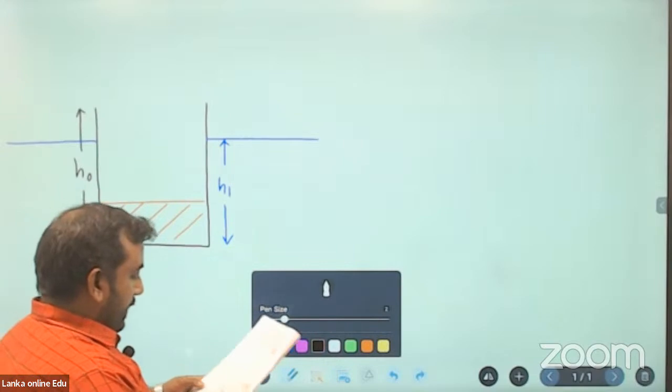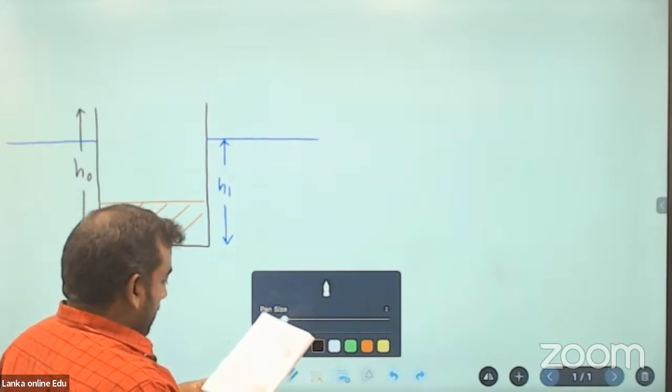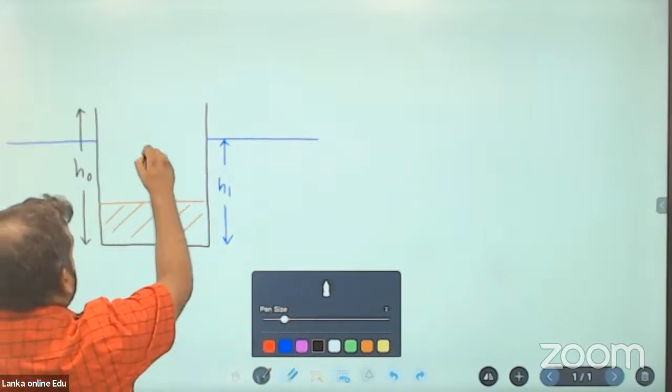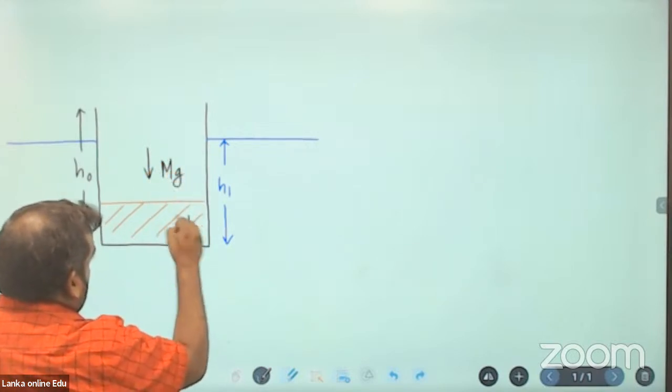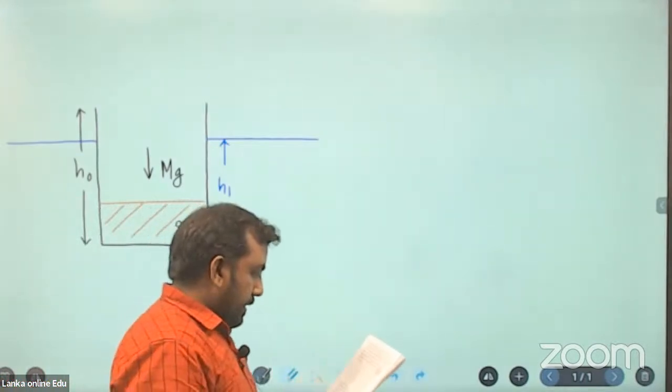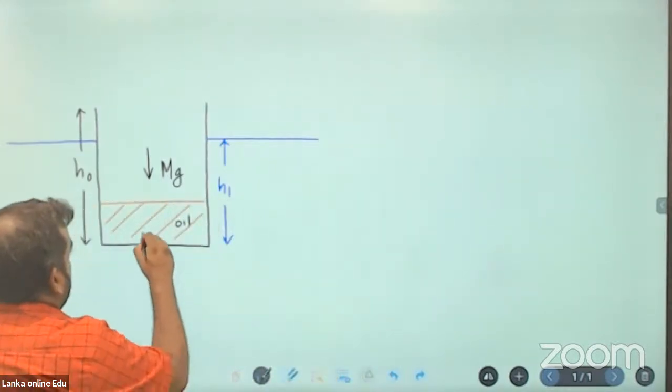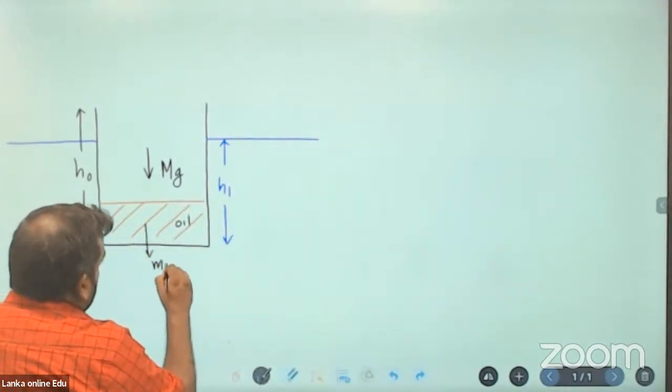Now here, what are they saying? The mass of the vessel is capital M, so weight is Mg. Here you have oil. Mass of oil is simple m, weight mg.